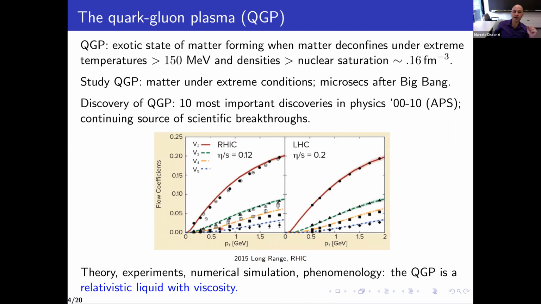You can ask me later, but the point is that the solid curves are theoretical curves, and the dots are experimental data. So these are measurements for the quark-gluon plasma, and you see that there is a very good agreement between theory and measurements, but that happens only if we include viscosity. If you try to fit this data with the relativistic Euler equations, the curves are going to be very off. So you need viscosity to study the quark-gluon plasma.